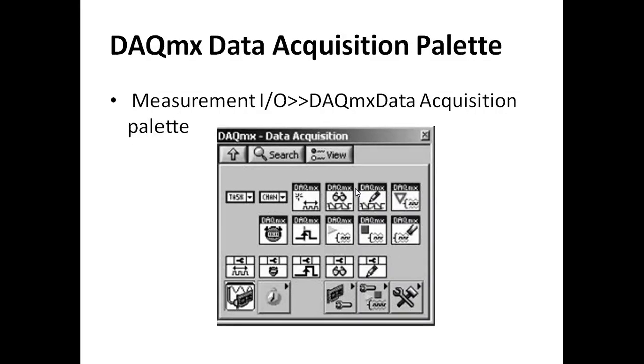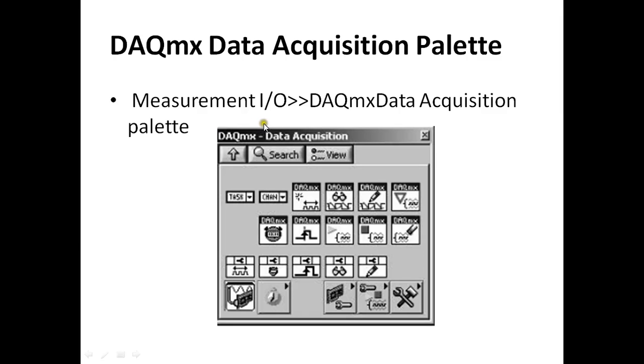This is the data acquisition palette present in the LabVIEW software. Till now I explained the hardware and what the hardware will be. Now I am going into the software section. This data acquisition palette is present in Measurement I/O, which we get from the block diagram panel.